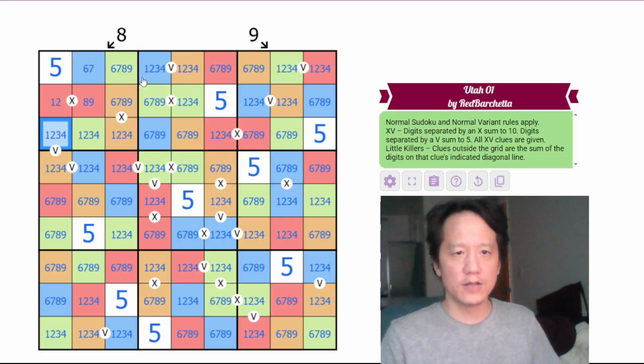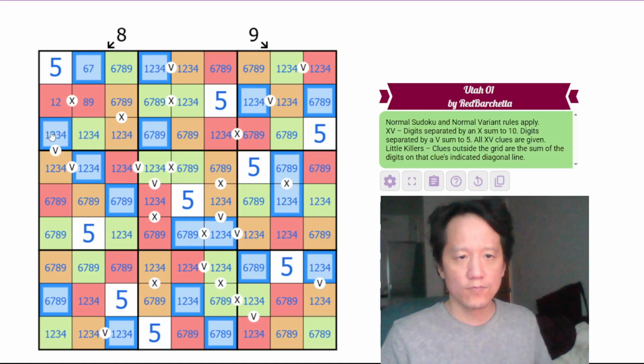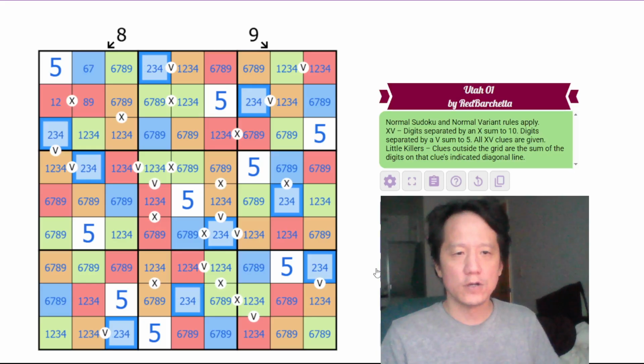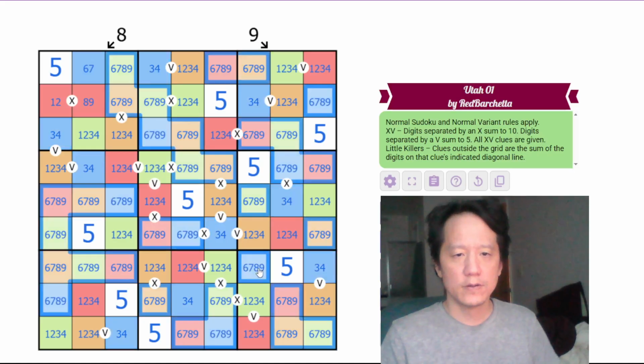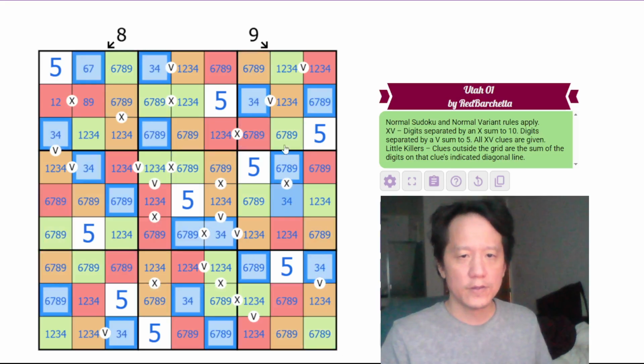So the low blue must be then, we're going to remove the highs, so the lows are 3 and 4. And the highs are 6 and 7.